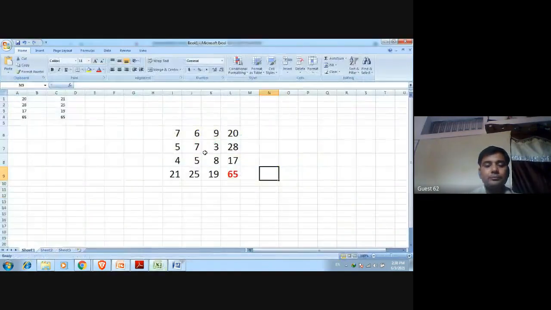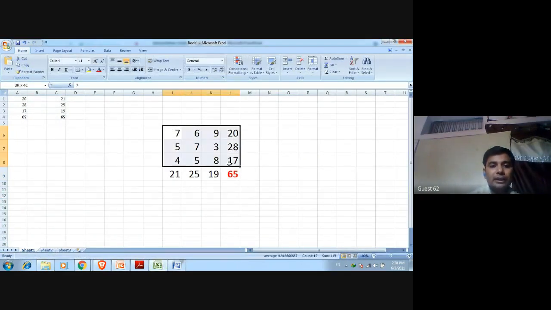Let us see here. This is a table, and topmost left corner is 7. It means we have to allocate here according to the minimum from the capacity and requirement. We will see whether capacity is minimum or requirement is minimum.